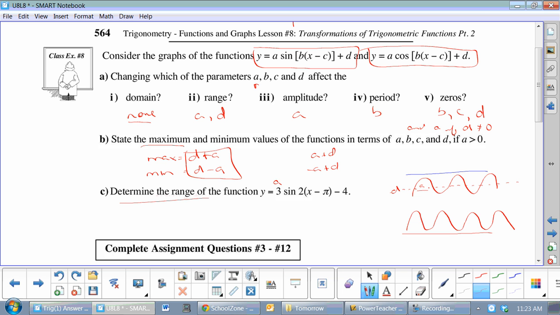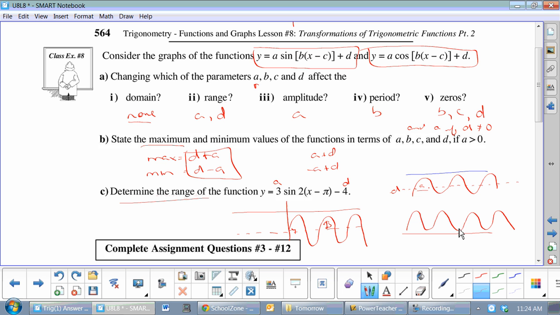If this is A and this is D, so just to give you a visual, I got something that has a midline of -4, and it is going up 3, down 3, up 3, down 3, up, right? So this is a distance of 3.